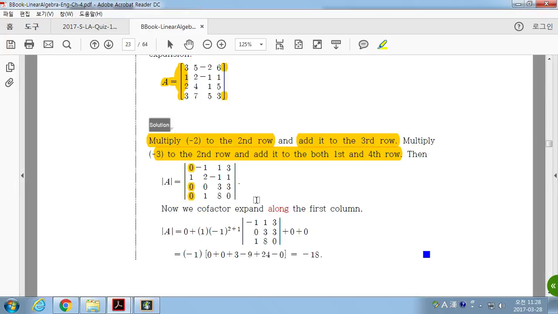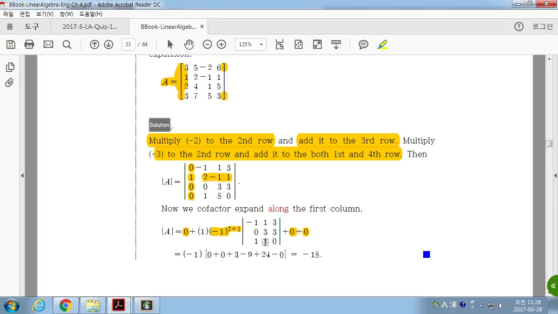Then we can do the cofactor expansion along the first column. Then 0 times whatever is 0. So what's left is just 1 times minus 1 to the 2 plus 1 times the determinant of this 3 by 3 submatrix, which is this.